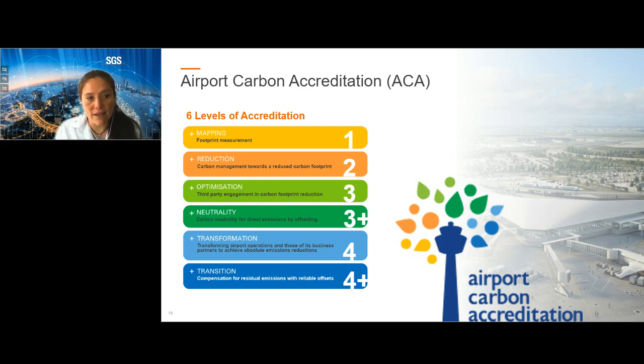Then the second level is reduction. In addition to calculating your carbon footprint of scope 1 and 2, you also have to prepare and demonstrate that you have reduced your carbon footprint. We're going to go into the detail of each of them. The next level is optimization. Optimization, level 3, is when you also engage with your stakeholders.